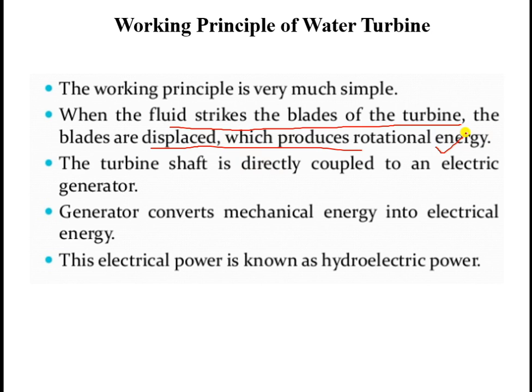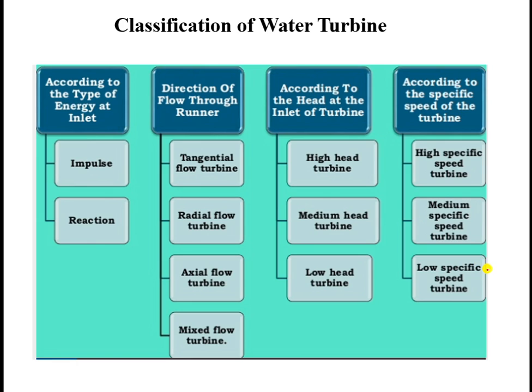The rotor in turn rotates and is coupled to the generator, which gives us electrical energy. So this generator converts mechanical energy into electrical energy, and this electrical power is known as hydroelectric power, which I have already explained. The classification of water turbines is shown in this slide.